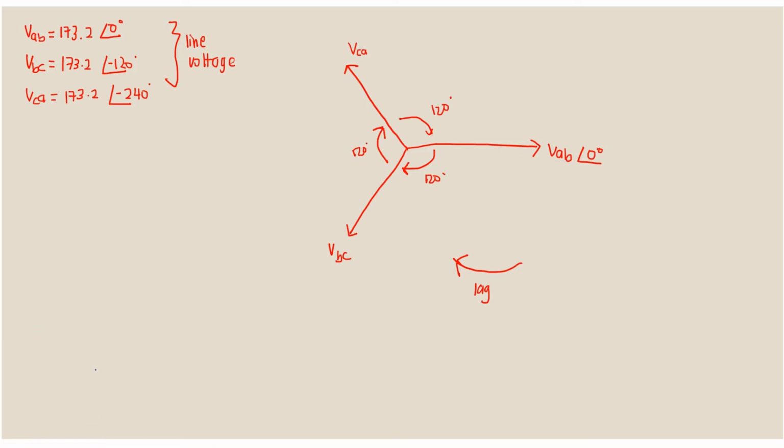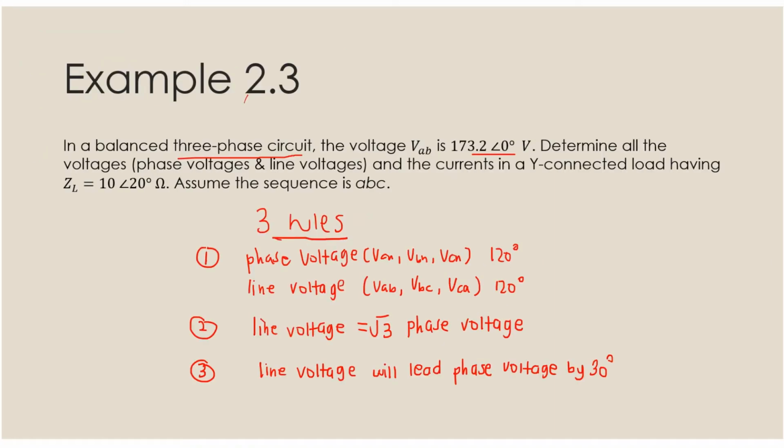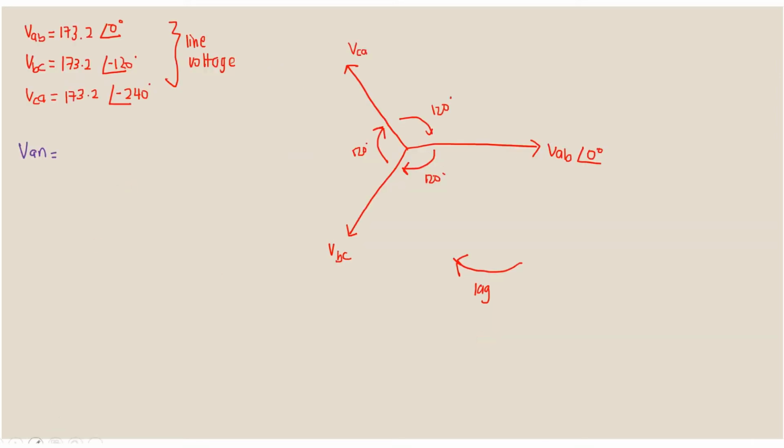Now let's do the phase voltage, VAN. Remember the equation from the previous slide? The second rule says the line voltage equals square root of 3 times the phase voltage. So let's apply this rule to get the phase voltage.